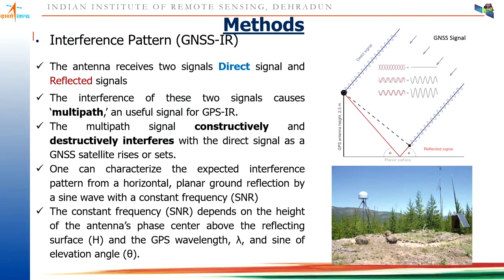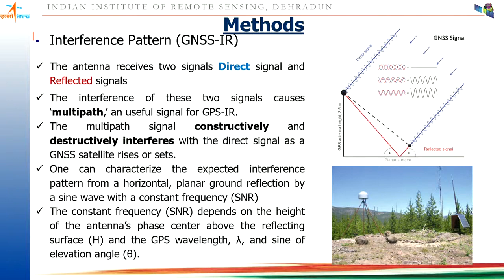Okay, so the SNR, the signal to noise ratio we are discussing here, will change when the signal comes from the ground, and we have to study this SNR to find the surface parameters. This SNR depends on various parameters.